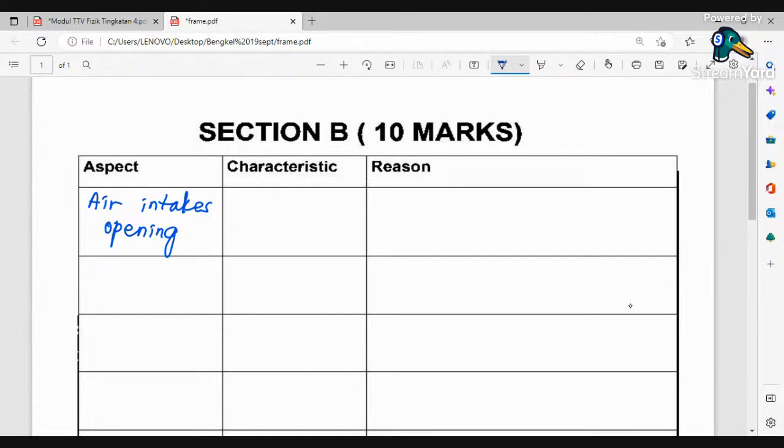Write down the aspect dulu. Third one ialah size of combustion chamber.